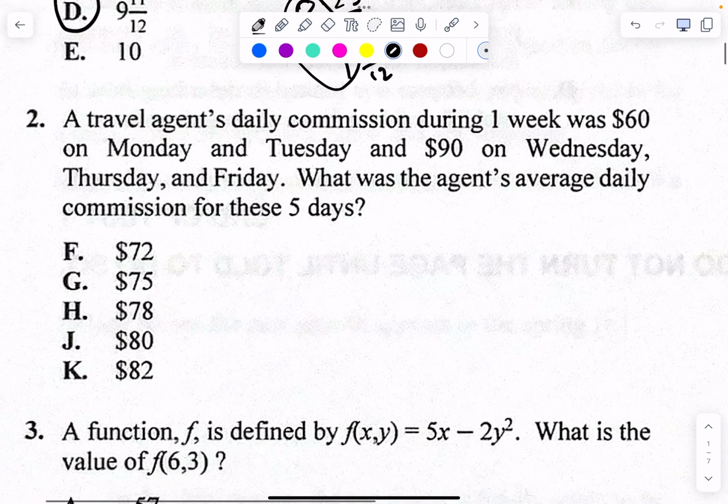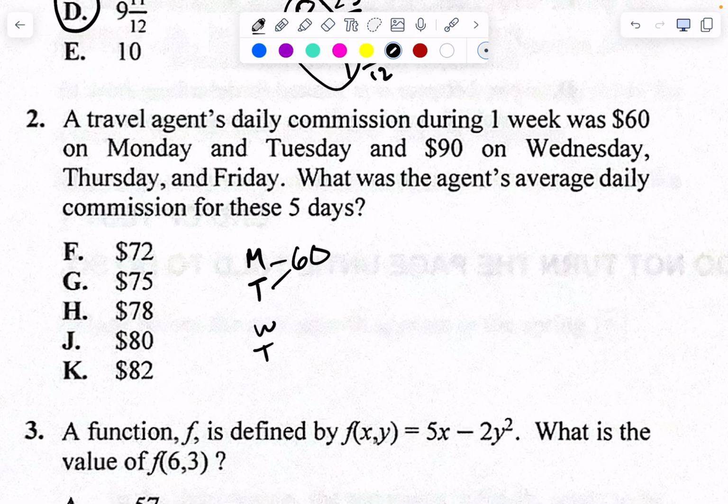Number 2. A travel agent's daily commission during 1 week was $60 on Monday and Tuesday, and $90 on Wednesday, Thursday, Friday. What is the agent's average daily commission for these 5 days? So did she make $60 on Monday and Tuesday?